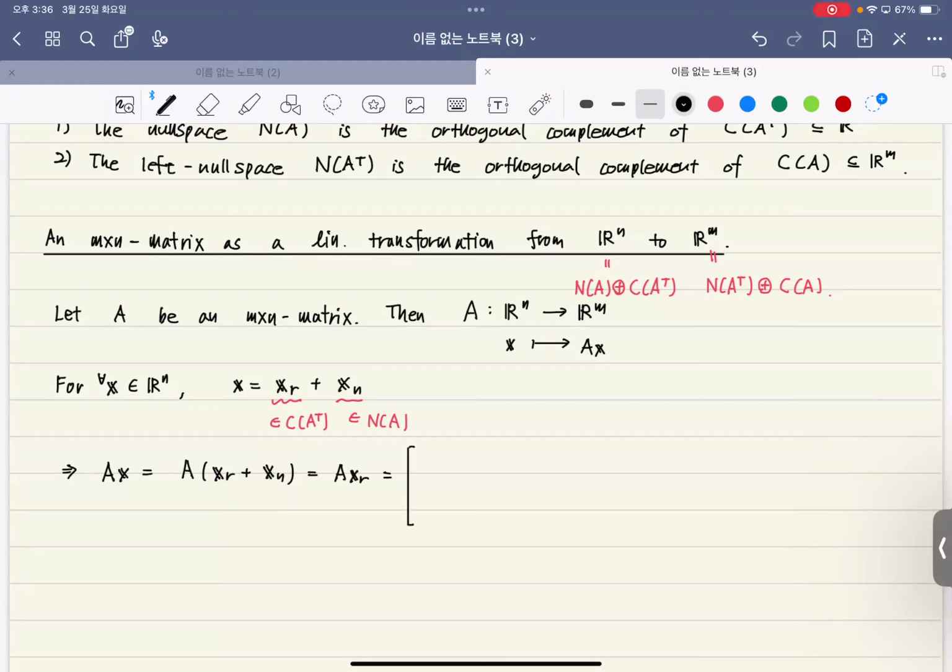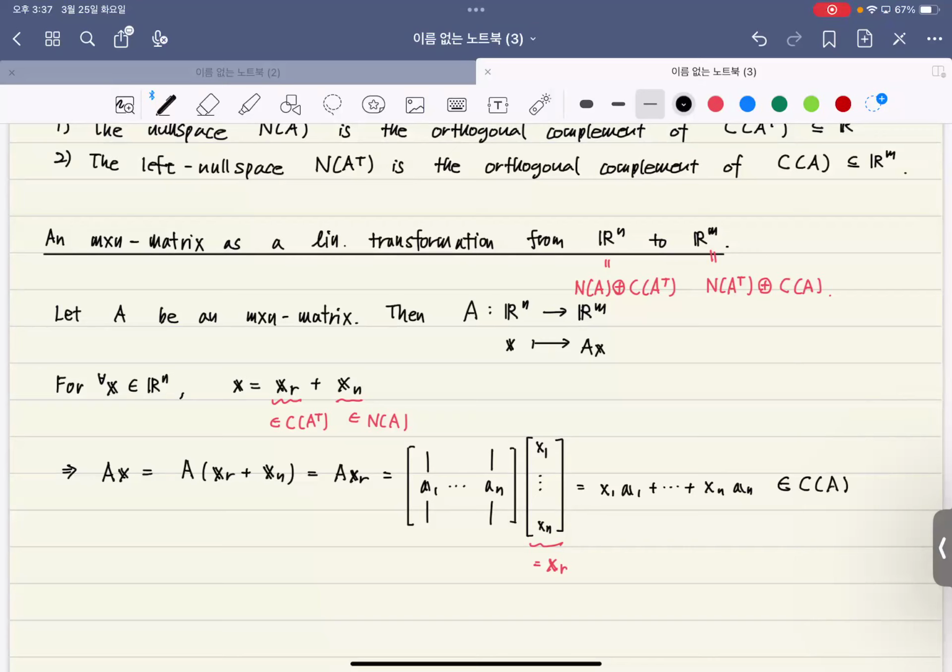I want to consider my matrix A as a collection of columns. Then the result is just a linear combination of these columns, and therefore the resulting vector must be a member of the column space of A.